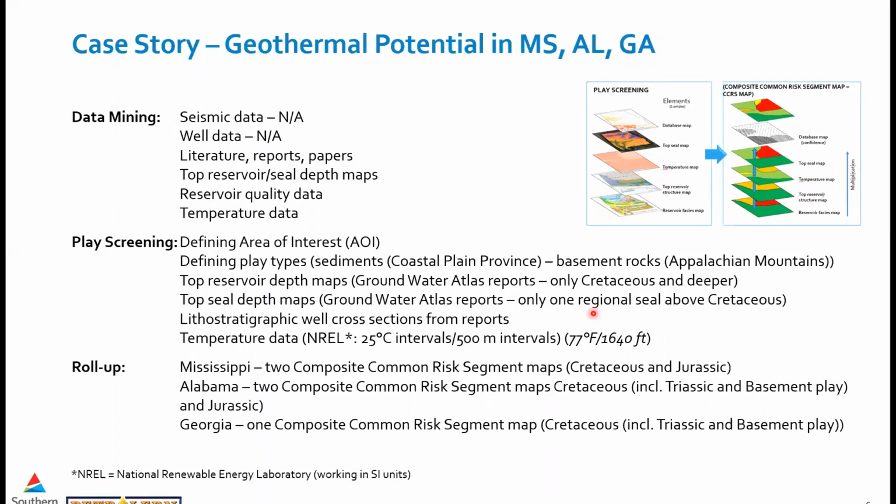Of course, if we had just been doing individual states, it could have been slightly different. I'll come back to that because it all boils down to the geology in the area. Then we also used well cross sections from reports just to give an idea of the dip and the depth of the reservoirs we were looking at.